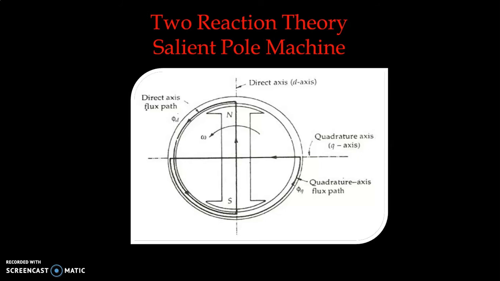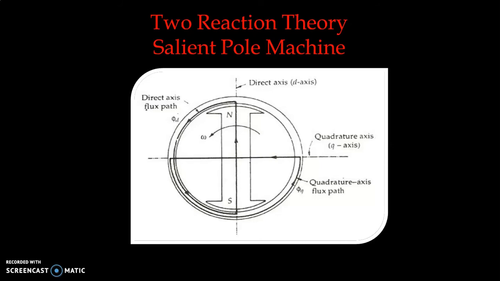But now in case of salient type of rotor, we know that we have two axes. One axis is along the pole, the polar axis, and that is known as the direct axis. In the direct axis we have the minimum air gap. In case of the quadrature axis, we have the interpolar axis, perpendicular to the polar axis, and that is known as the quadrature axis.